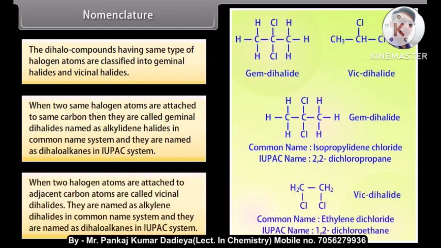When two halogen atoms are attached to adjacent carbon atoms, they are called vicinal dihalides. They are named as alkylene dihalides in common name system, and as dihaloalkanes in IUPAC system.